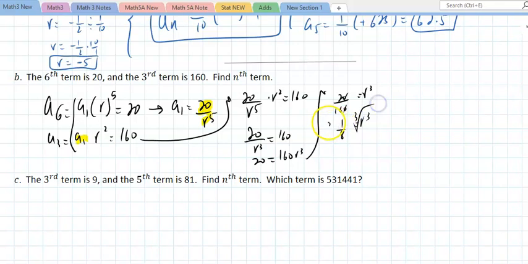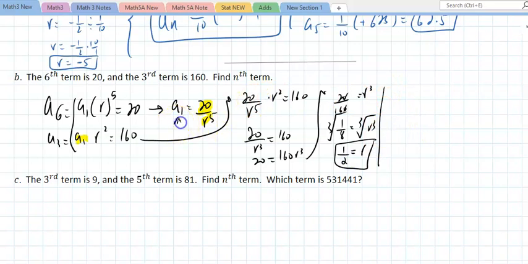Cube root both sides. r is 1/2. Got it. And if I know that r is 1/2, then let's go back. a sub 1 is 20 divided by 1/2 to the fifth power.